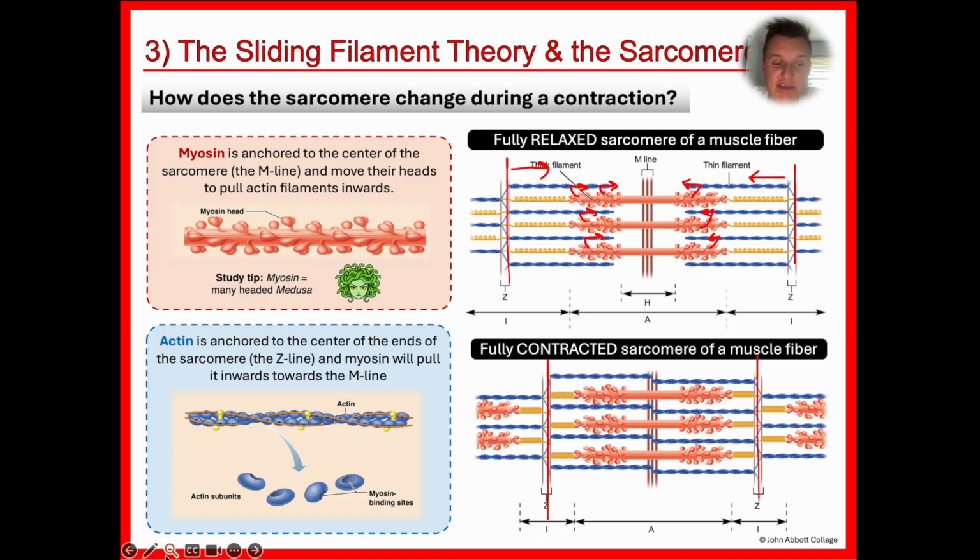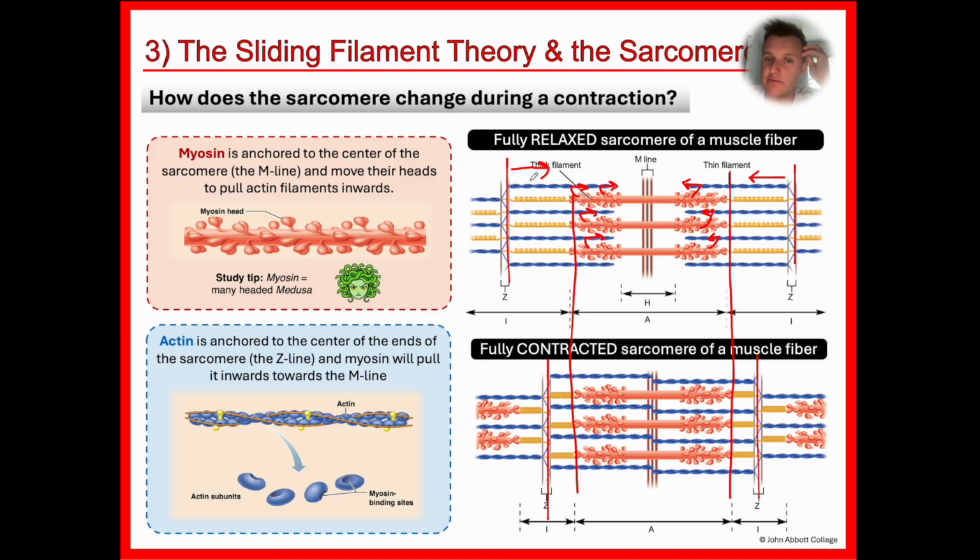Now I want you to take 2 seconds to compare the myosin. Look at where the start of the myosin is here, and look at where the start of the myosin is here. Look at where the end of the myosin is here and where it is. Did it move? No. These little heads went back and forth, right? But they didn't move. The M line neither didn't move. What is it that moved? The Z lines moved inwards.